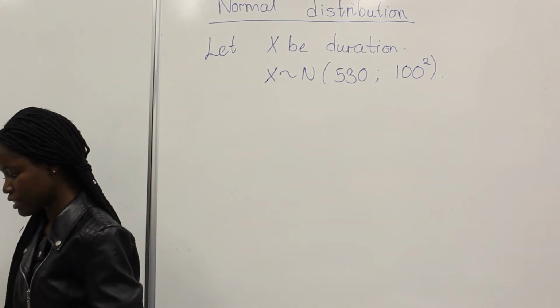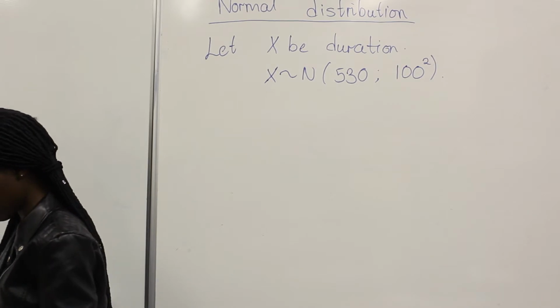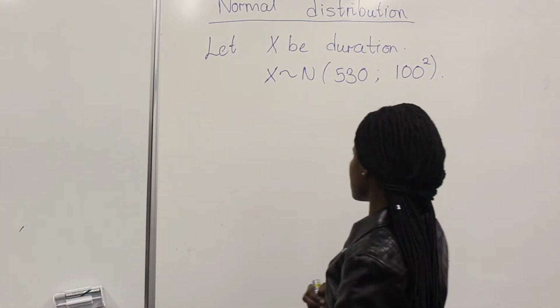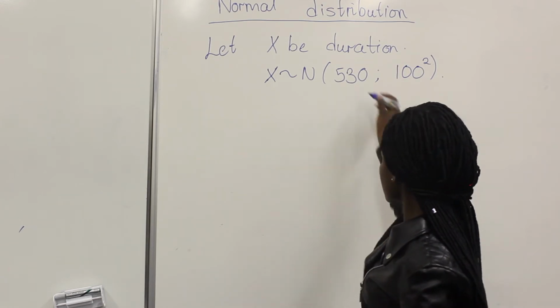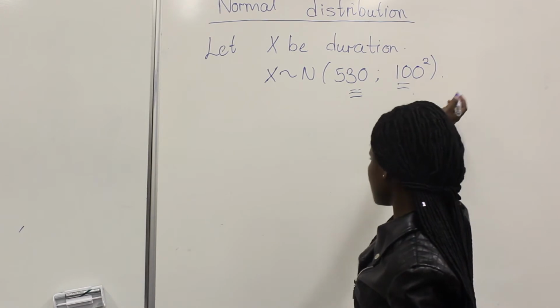What is the probability that the vacuum cleaner will work for at least 2 years without trouble? We're given 2 years. What we have to first consider is that the mean is 530 days and the variance is 100 squared days.